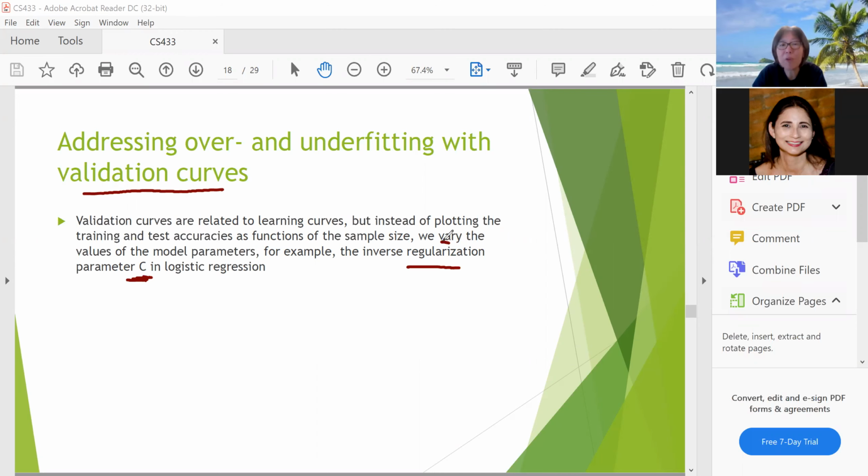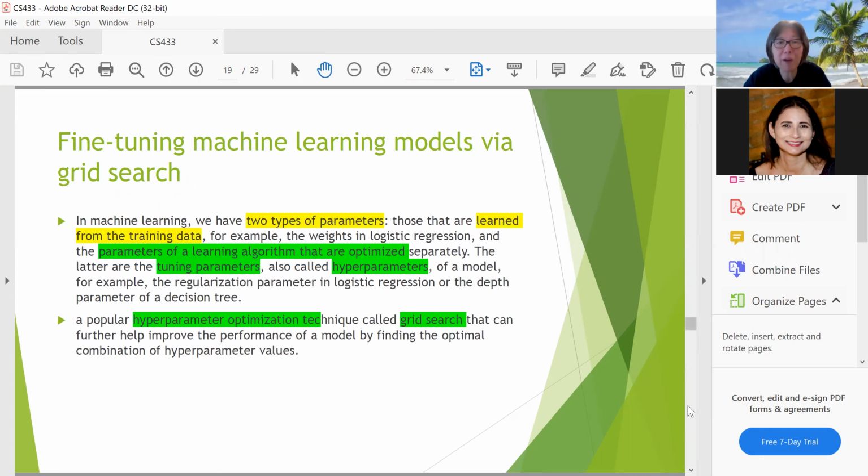We can vary the value of the model parameters, and then find out the relationship between accuracy and the parameter. Then we can pick the best fit one. Okay, so this is regarding validation. And then next, let's see the example.